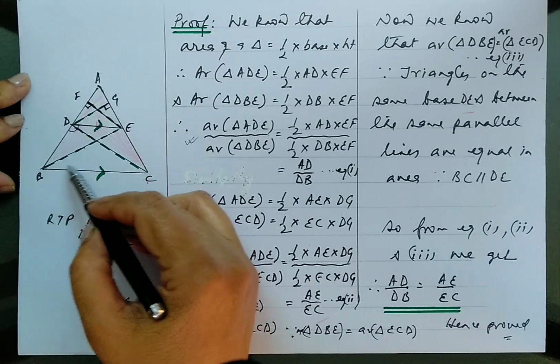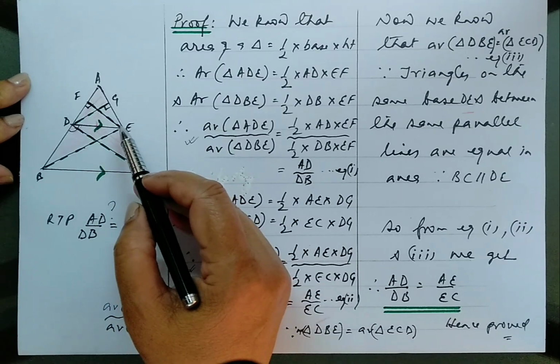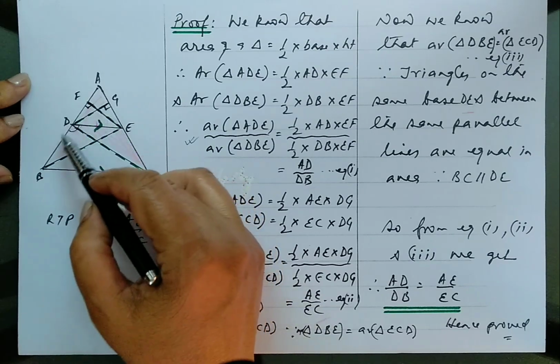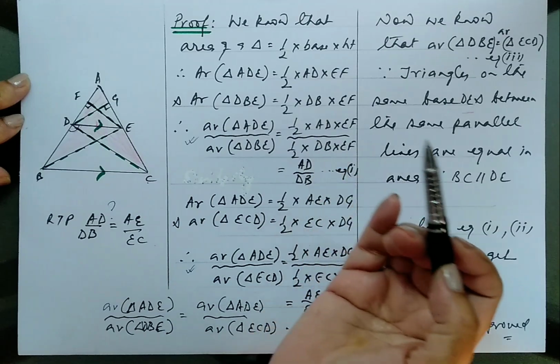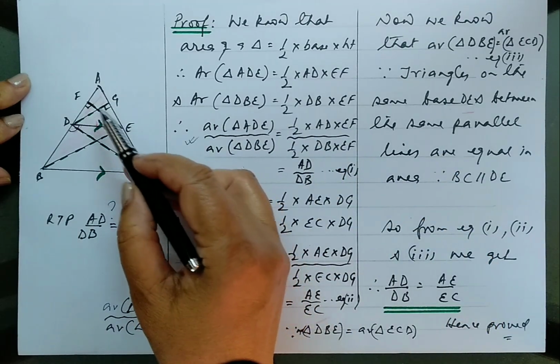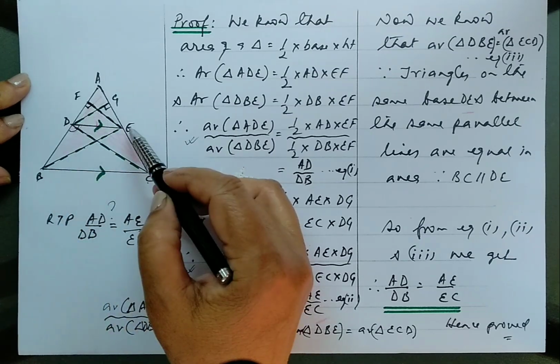So in an obtuse angle triangle, in most cases we find that the altitude lies outside the internal region of the triangle. Correct? So likewise we have AF outside the area of BDE.